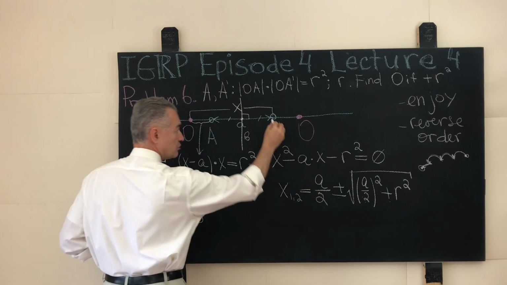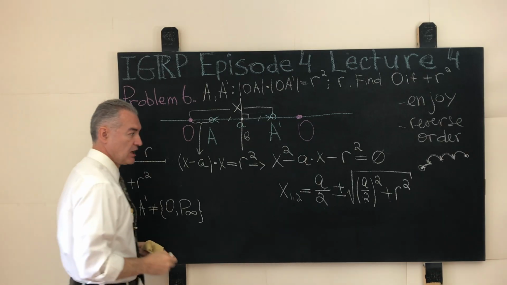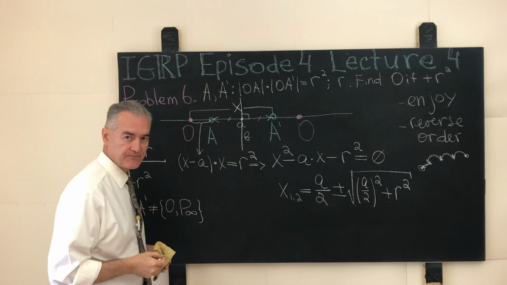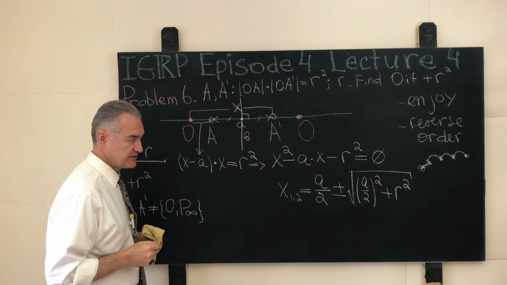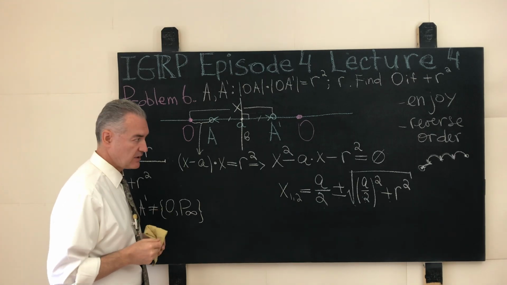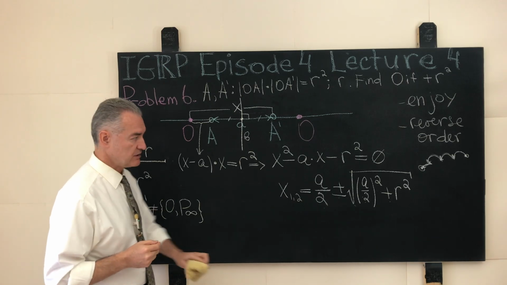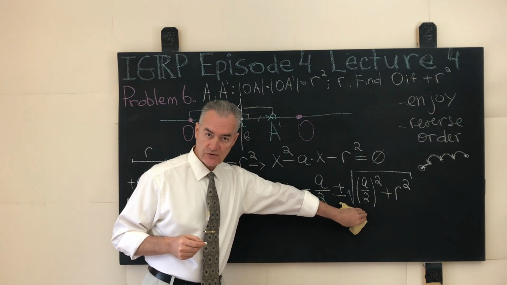A over 2 right here. This is this distance. Plus what? Plus this scary looking thing. But if we think about it, then we will realize that that thing is not as scary as it comes across at first. What do we really have over here? Let's think about it. Sum of squares and the square root of it.